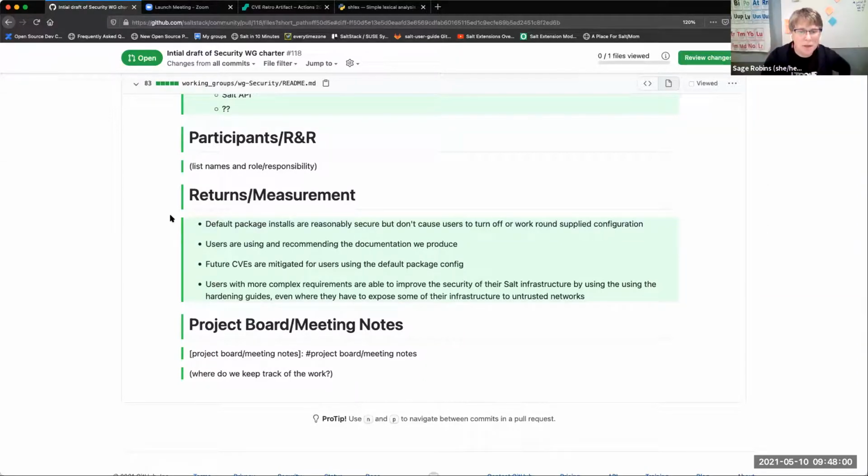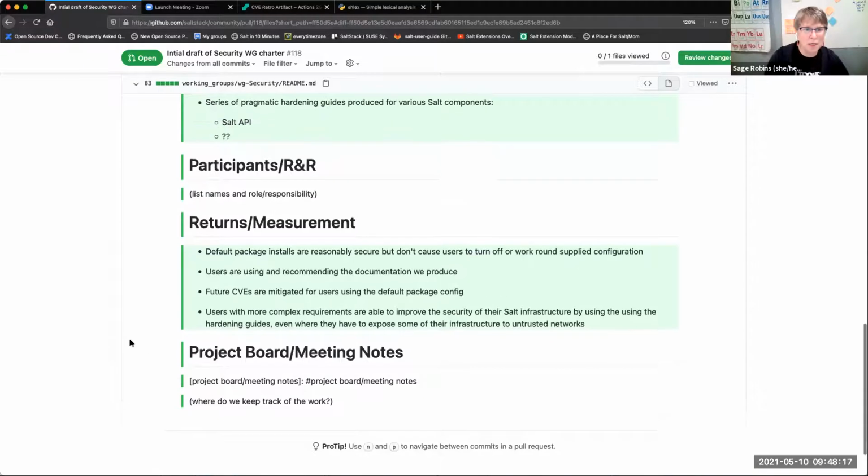I think a lot of this aligns with, at a higher level, what I wrote in the artifact for actions for the CVE, and we can align some of them. I don't know that we have a lot of time to go over that, but I'll take an action to look at that and then fill in a couple of things here for participants, roles and responsibilities, and the project board.